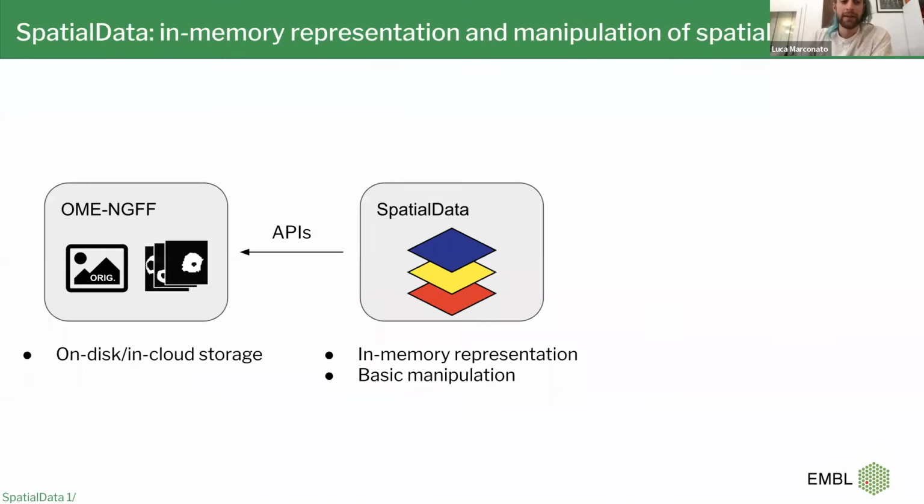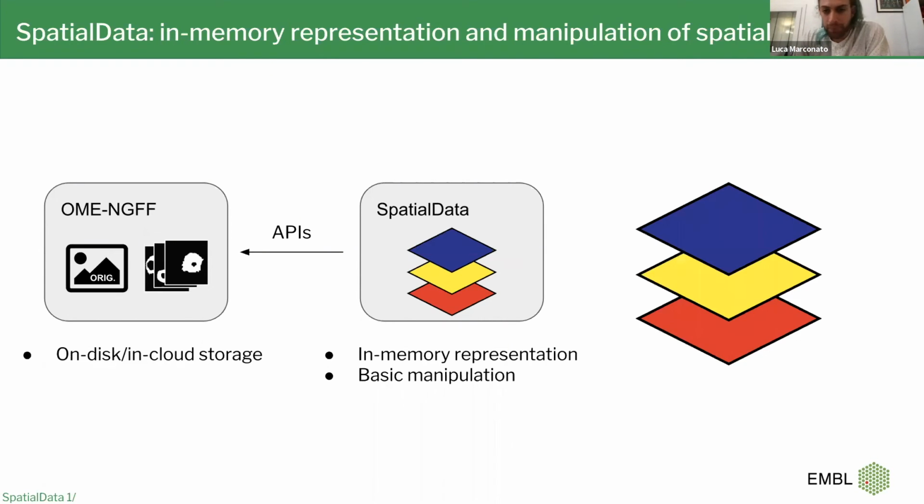We need an in-memory representation. So our Python package, we call it spatialdata, allows you to do input-output and represent this format in Python, but also to do some basic manipulation. You want the object to be able to modify itself, still having minimal Python dependencies. So let's see an example of these manipulations.